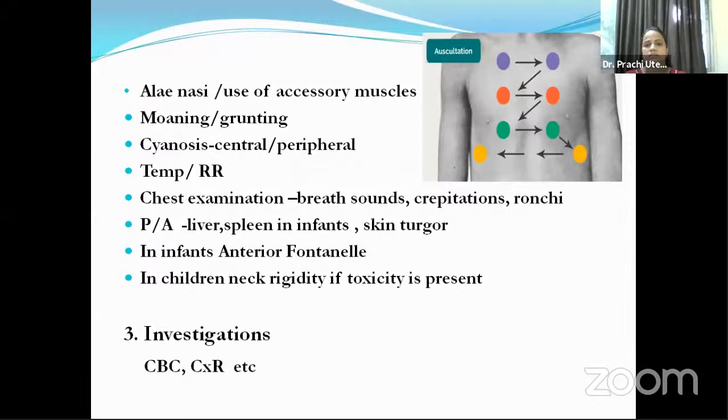The orange dots which are shown are mostly for hearing the wheezing sound, basically the bronchial breathing, and the yellow dots which are shown are for hearing the crepitations or the crackles. So we have to examine for the air entry, the crackles and the wheezing sound if they are there.